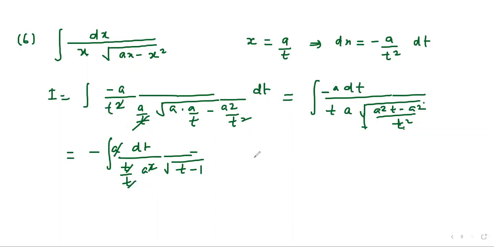So we are left with −1/a integration of 1/root of (t−1), or we can write it as (t−1) to the power −1/2. So we can integrate it.